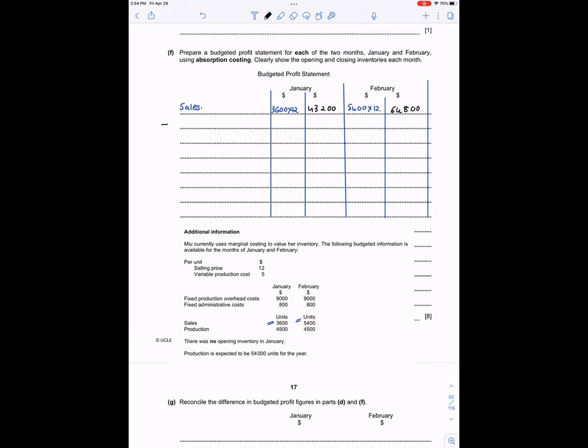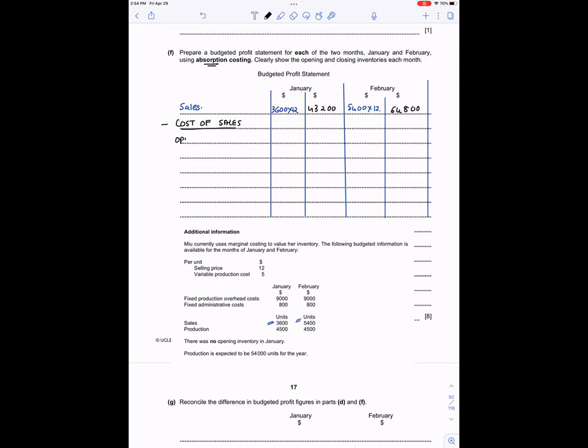Cost of sales. But this is what costing? Absorption costing. No problem. In absorption costing, it is like our normal income statement, the normal statement that we prepare.